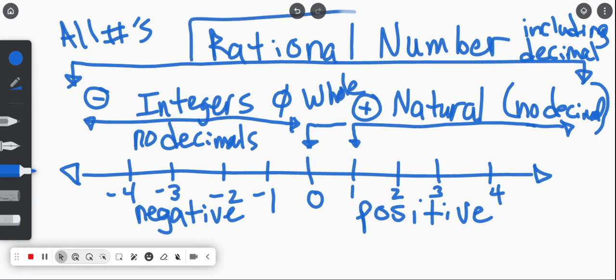And I guess if you want to put a little box around this, you can do that too. So it's just a little intro, taking a few notes, building our number system, number classification system, just by looking at a number line and identifying what numbers on a simple number line we are talking about.